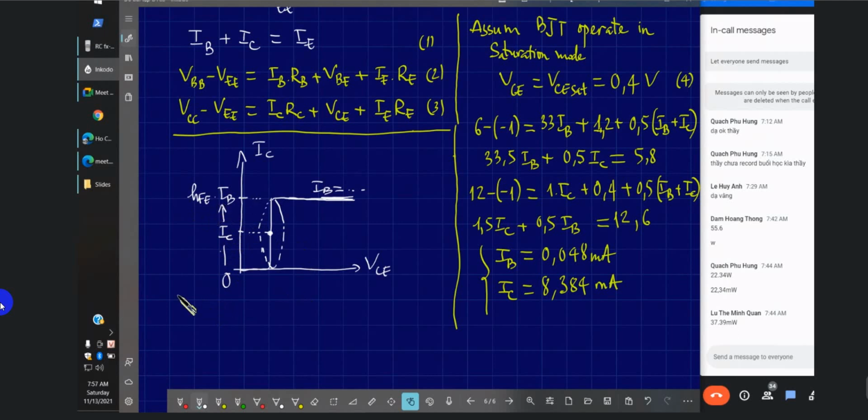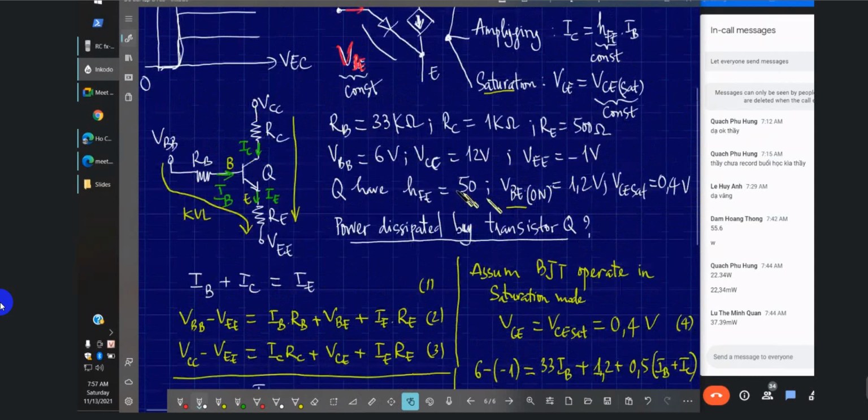So the condition for saturation mode would be IC less than, not equal, less than HFE multiplied by IB. So let's check this one: HFE and compare with our IC here. Multiply with IB should be what? HFE is 50.